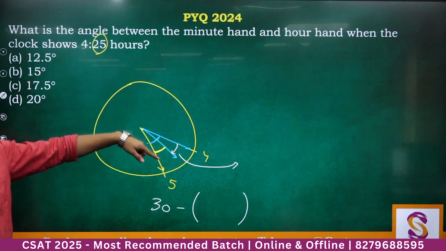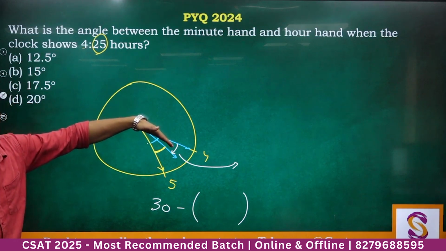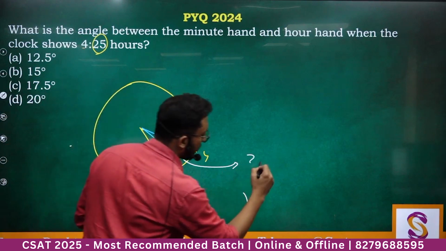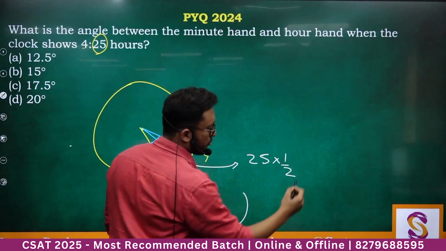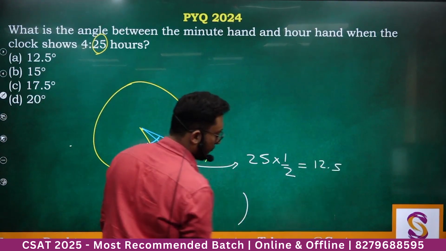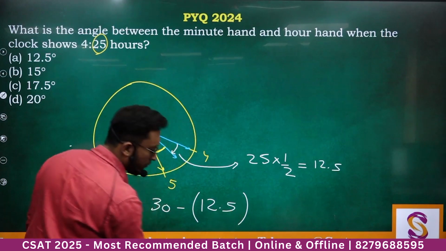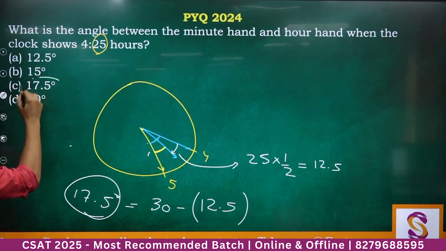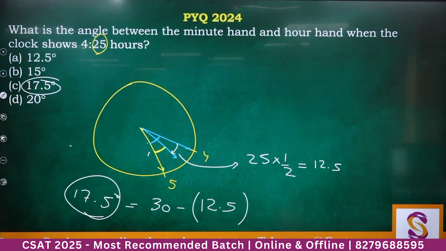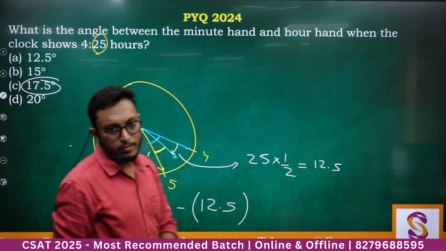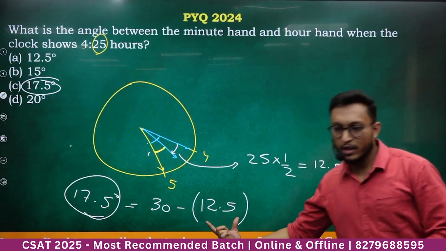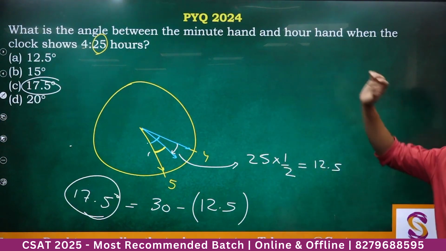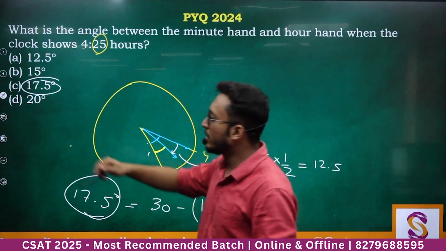It is the angle rotated by the hour hand in 25 minutes. In 25 minutes it rotates at this speed, which gives 12.5. So 30 minus 12.5 is 17.5 degrees. Fine, understood? You directly calculated this 12.5 and ticked 12.5. Many people have made this mistake, they marked 12.5.